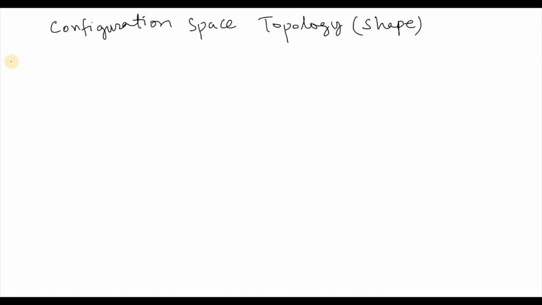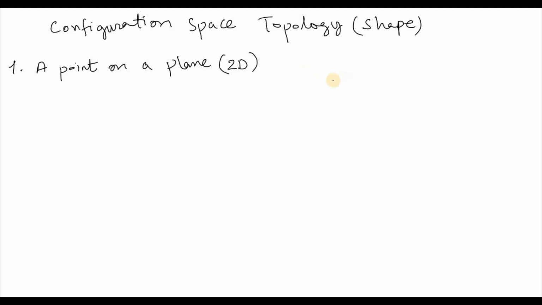So number 1, a point on a plane. So a point on a plane means it's a two-dimensional plane.